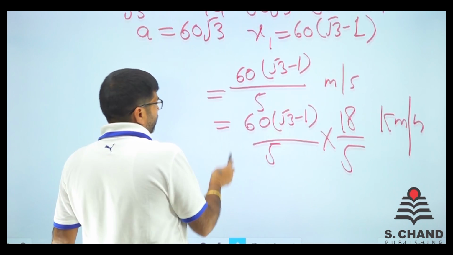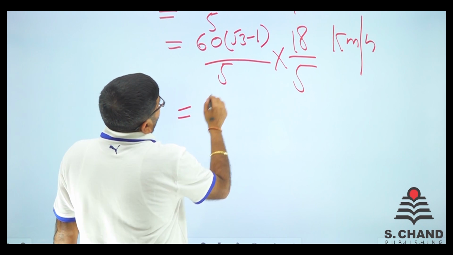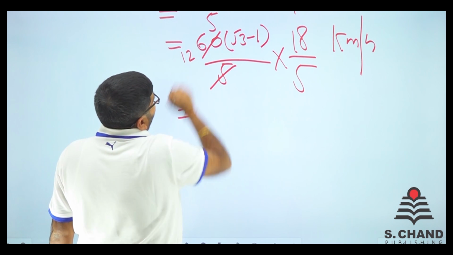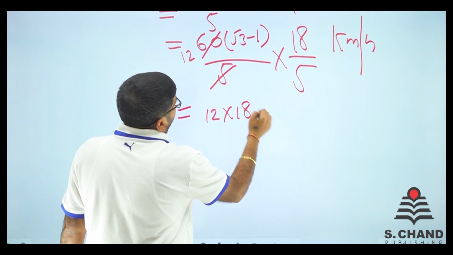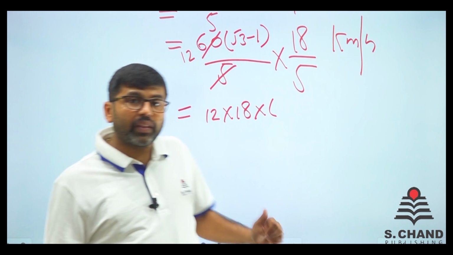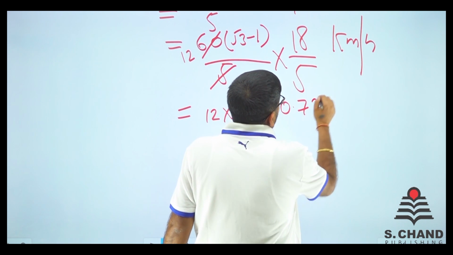Let's calculate this. We have 5 here and 60 here. So it's like 12, and 12 into 18 into root 3 minus 1. Root 3 is 1.73 minus 1, so it will be approximately 0.73.